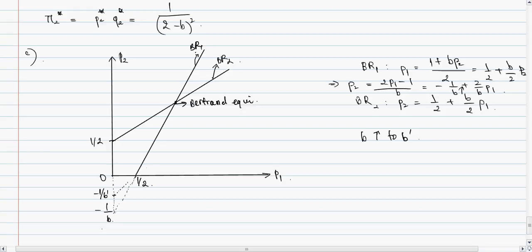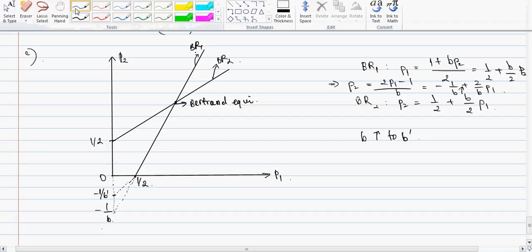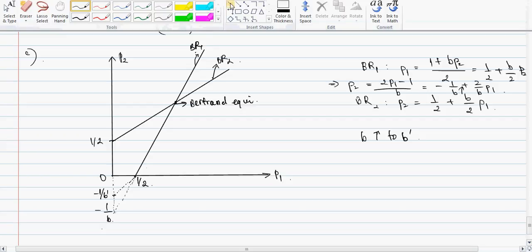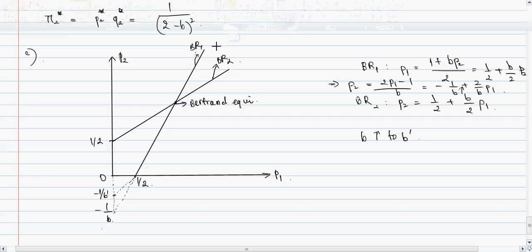So we'll have something like this. I start at the new vertical intercept, but the horizontal intercept is the same, and the slope will be smaller, so the curve will be flatter. Okay, so we'll have something like this.